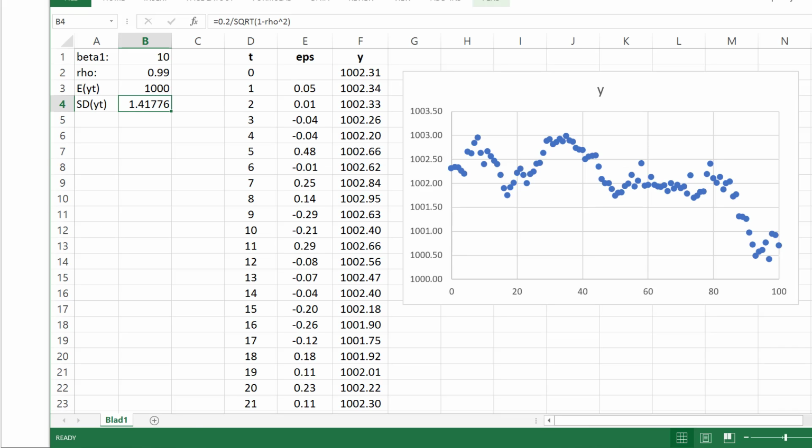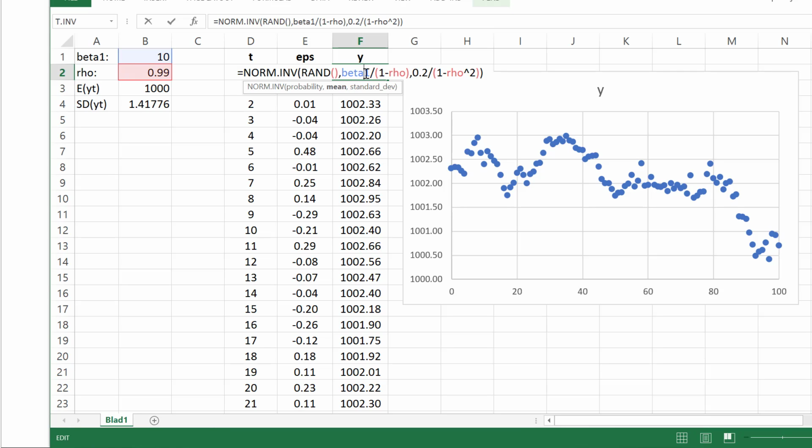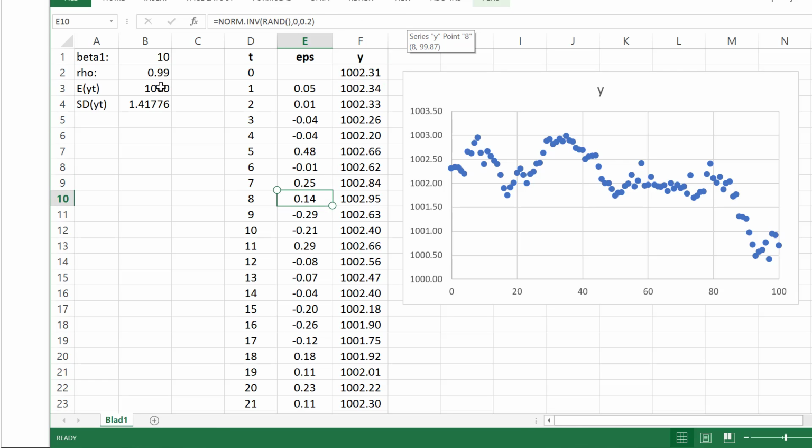So we can look now at the setting of y_0. If we look at the formula for how I simulated y_0, you can see that it's simulated from a normal distribution. It has expected value beta_1 over 1 minus rho, and it has standard deviation 0.2 over the square root of 1 minus rho squared. So I have simulated y_0 from a normal distribution with precisely this expected value and this standard deviation.